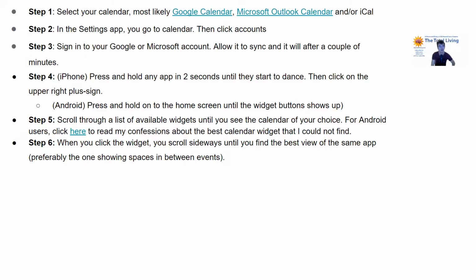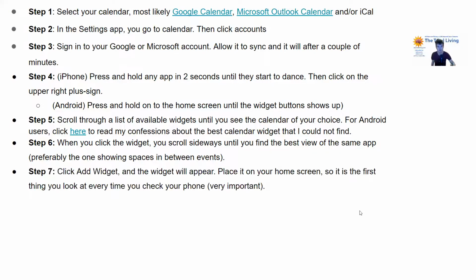So therefore you can have the same resemblance and see, okay, now I have this much unplanned time and I can use that to determine the next action that I want to do. Last one, step 7, click add widget and the widget will appear. Place it on your home screen so it is the first thing you look at every time you check your phone. And that is very important.